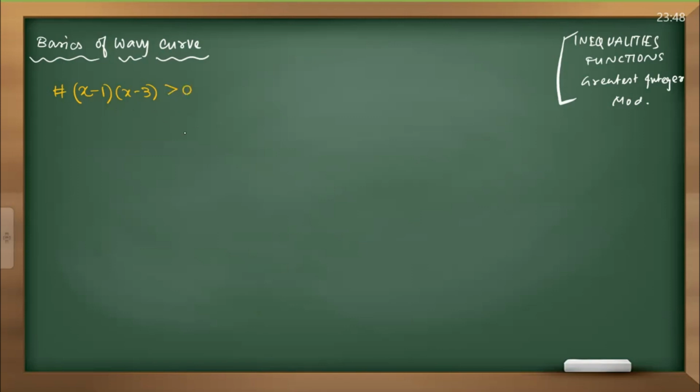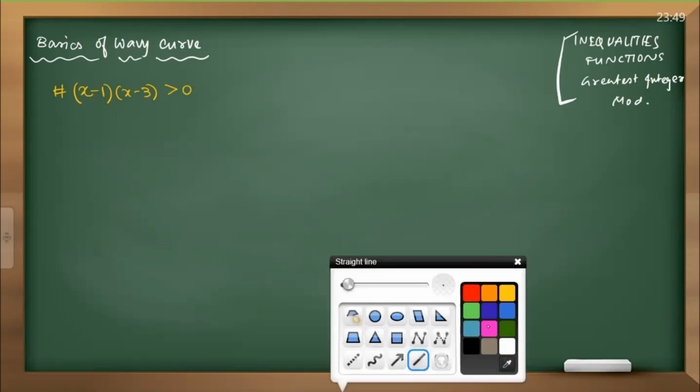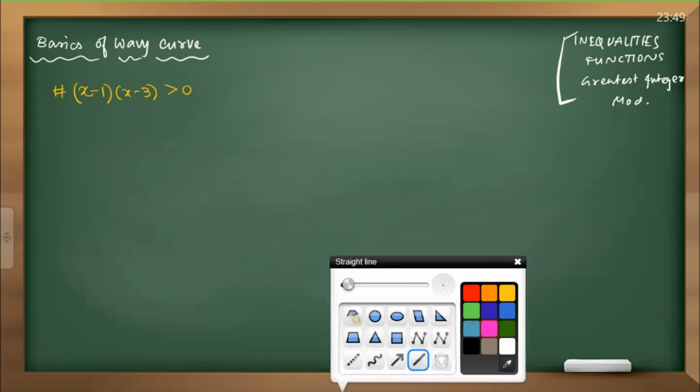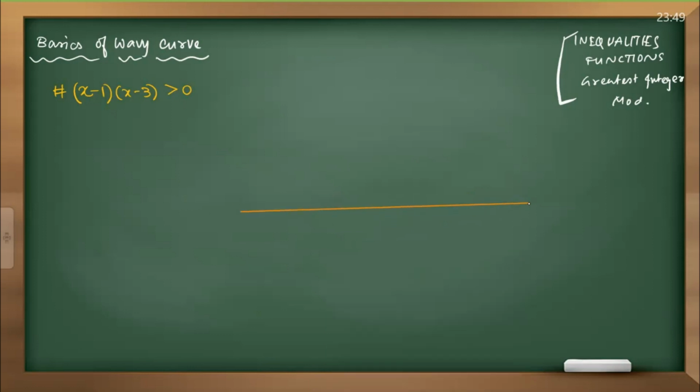X minus 1 into x minus 3 is greater than 0. Okay, the color red is not good. Pink is not visible at all. We have to take another color. Okay, this color will suit. This is visible.